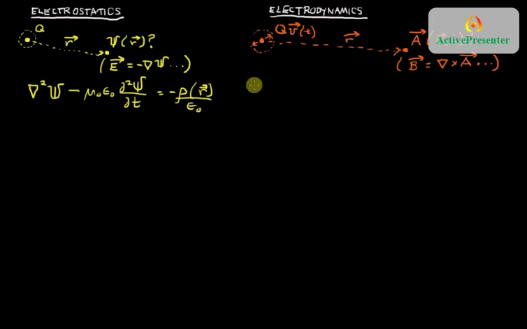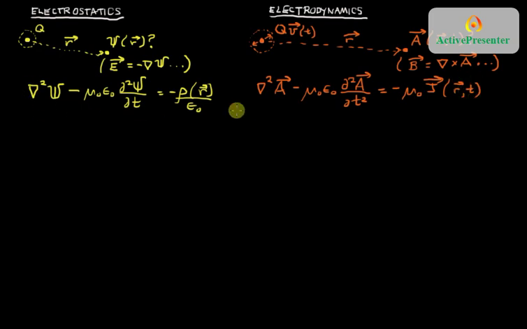And the other three equations that you get when you write Maxwell's equations in potential form are for the vector potential, and they look exactly the same mathematically. They are del squared minus mu naught epsilon naught second time derivative of the vector potential, and that is equal to negative a different universal constant, mu naught, times j, the current density as a function of time and position.